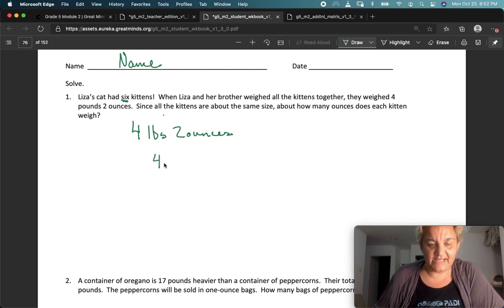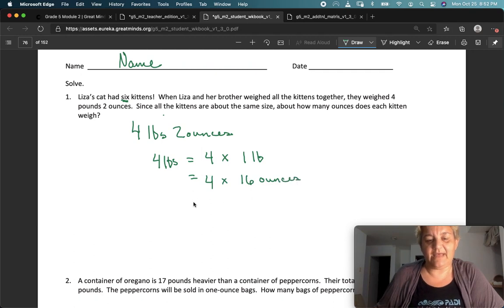And how do I do that? Well, I've got my 4 pounds, and I'm going to separate it: 4 times 1 pound. Okay? And then I'm going to convert that pound into ounces, and we know that there are 16 ounces in a pound.